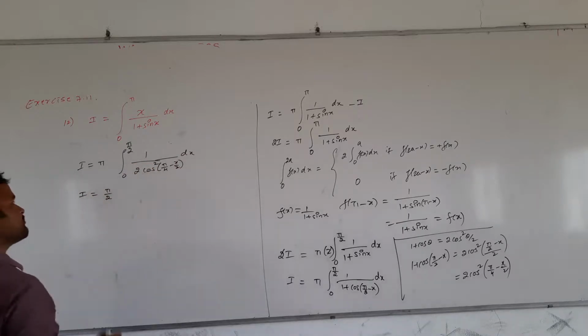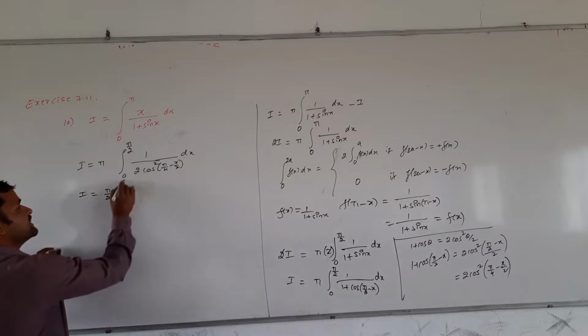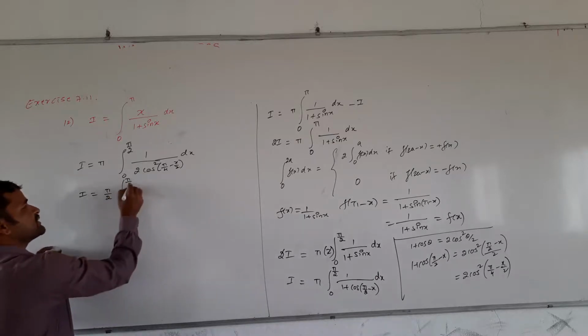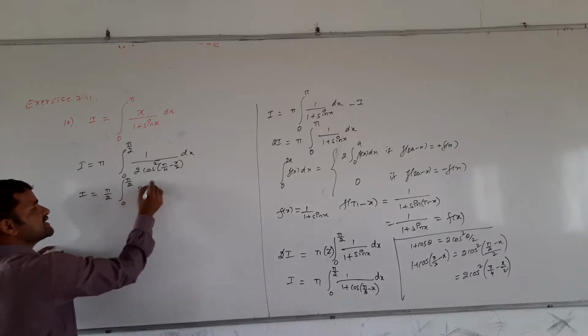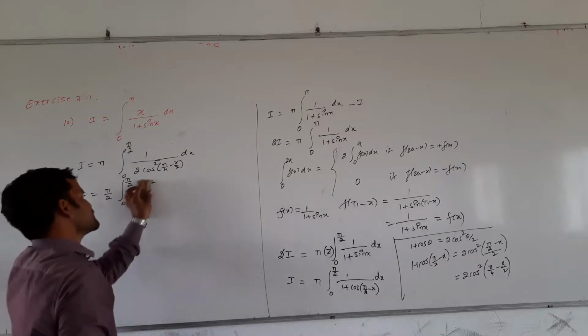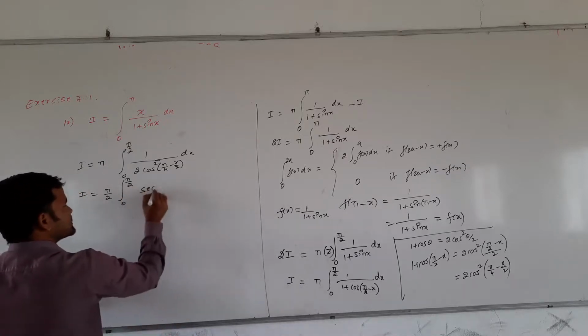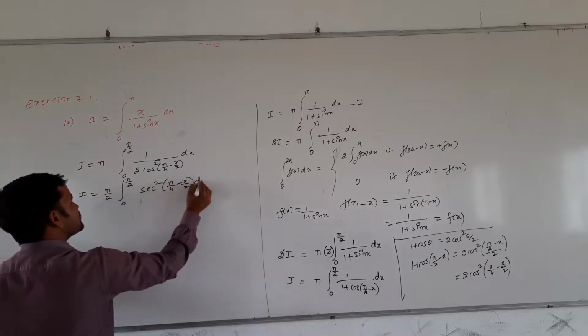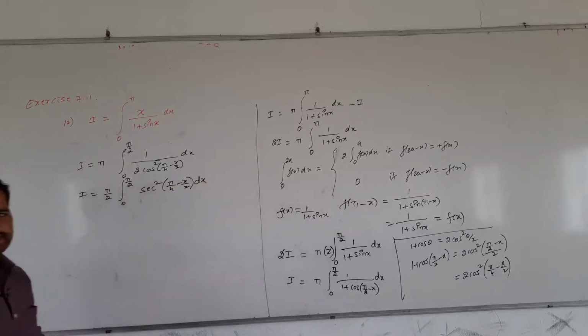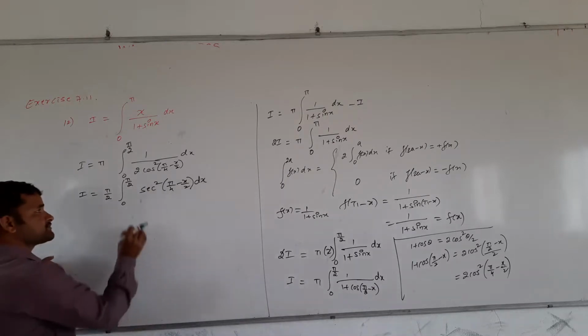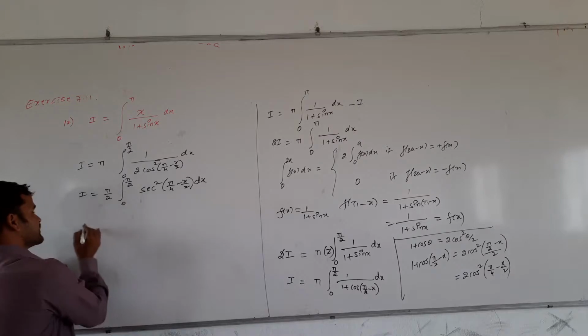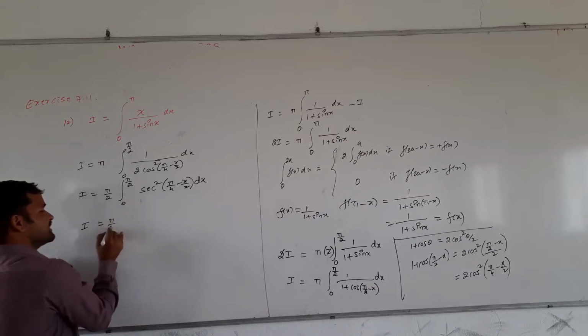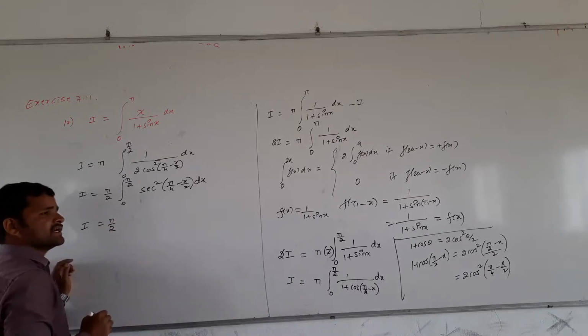I is equal to pi by 2 into the integral from 0 to pi by 2, 1 by cos square is nothing but secant square. Cos and secant are reciprocal to each other. Secant square of pi by 4 minus x by 2 into dx. Now we can integrate it very easily. It is in the form of ax plus b, where f is secant square. We know its integral directly. Integration of secant square x is tan x.